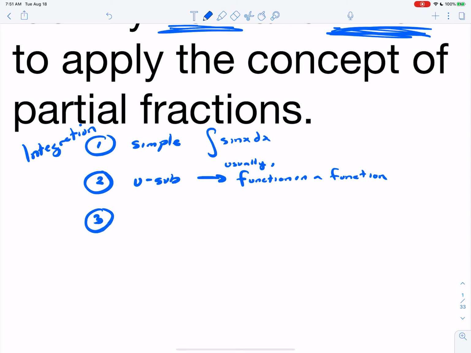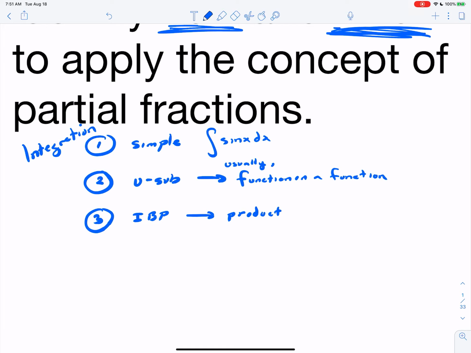Now, if you don't have a function, you might resort to our next one here, which is called integration by parts. Some people call it ultraviolet voodoo. If it's the right setup, you could use the tabular method, but how do you know when to use integration by parts? Usually when you have a product, when you have two functions multiplied together.